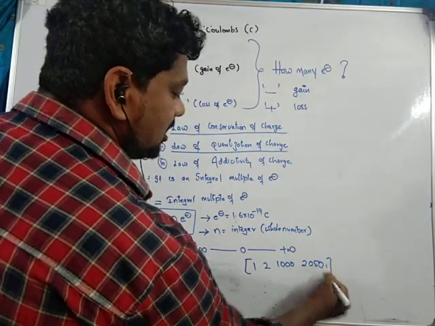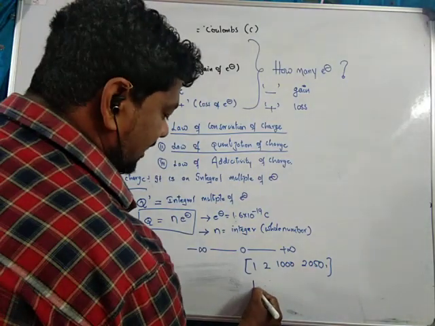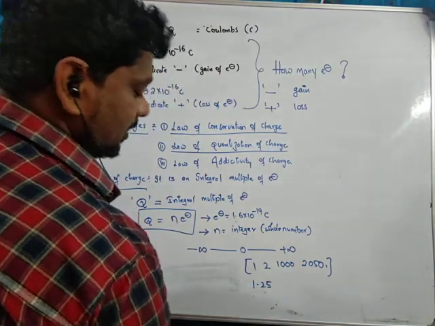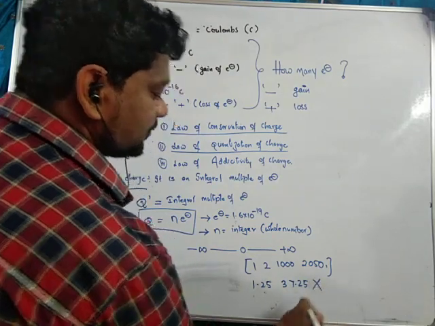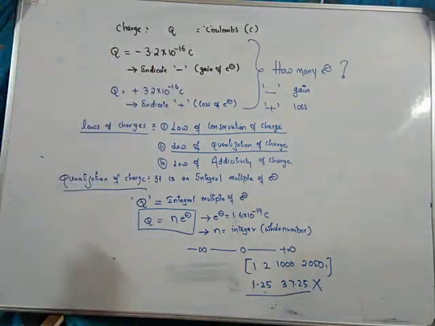Whenever we have a 1.25 or 37.25, this type of charge won't exist. Is this clear? So it's always an integral multiple. We don't get fractional values.